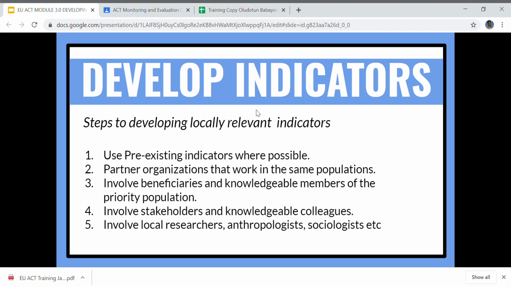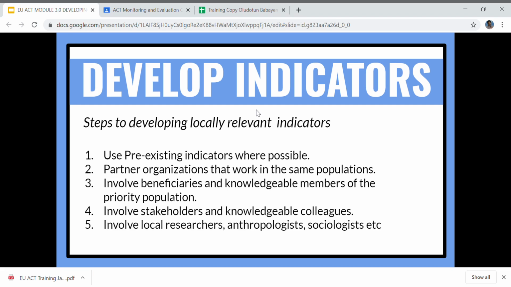So how do you develop locally relevant indicators? One is that you can use pre-existing indicators where possible. We've gotten such questions like, do we have time to develop?